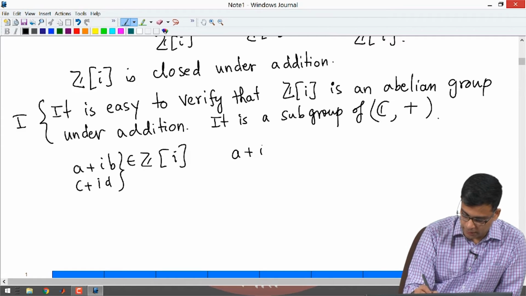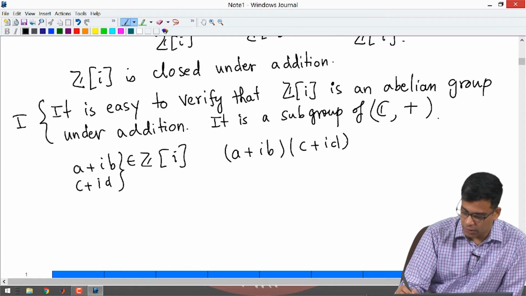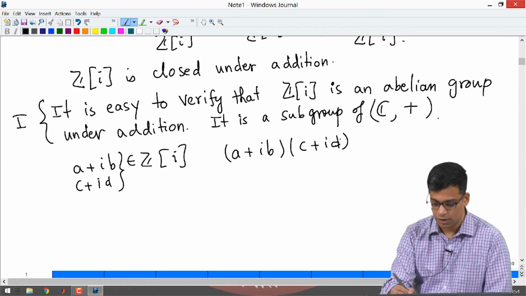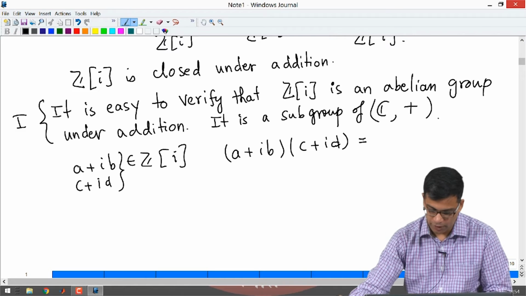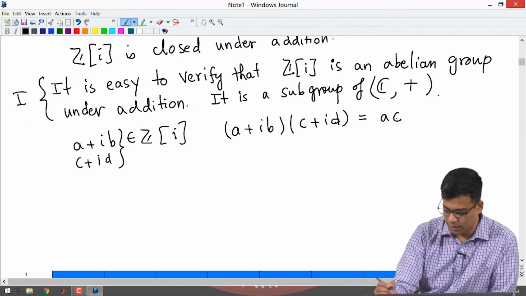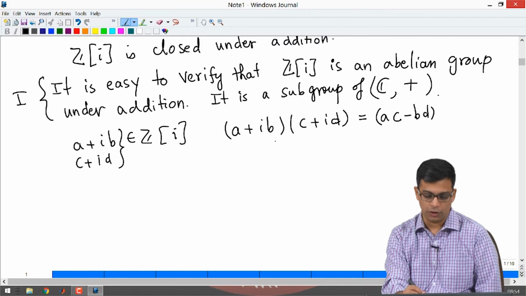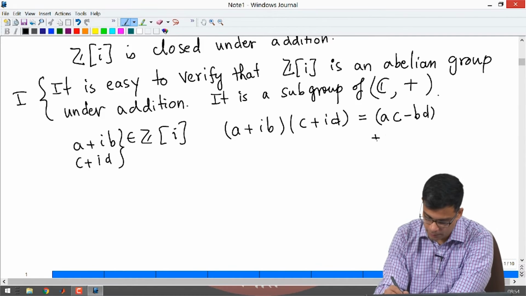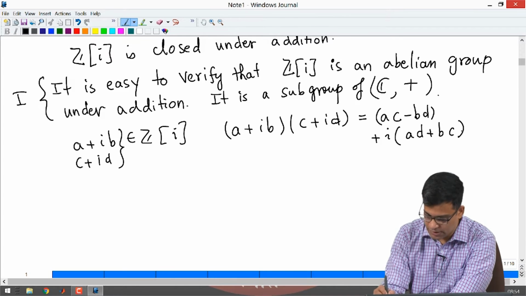If you multiply them, just thinking of them as complex numbers, what would you get? What is a plus ib times c plus id? This is the usual multiplication, you will get ac minus bd, because i squared is minus 1. So, that will be the real part, plus i times ad plus bc.